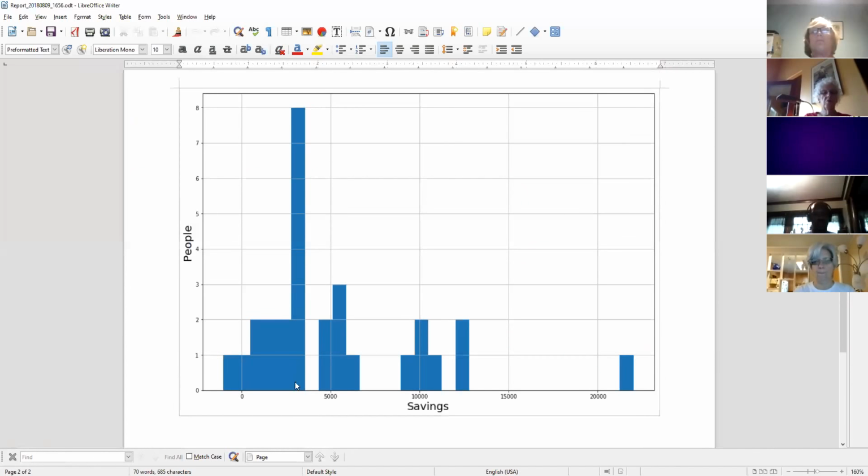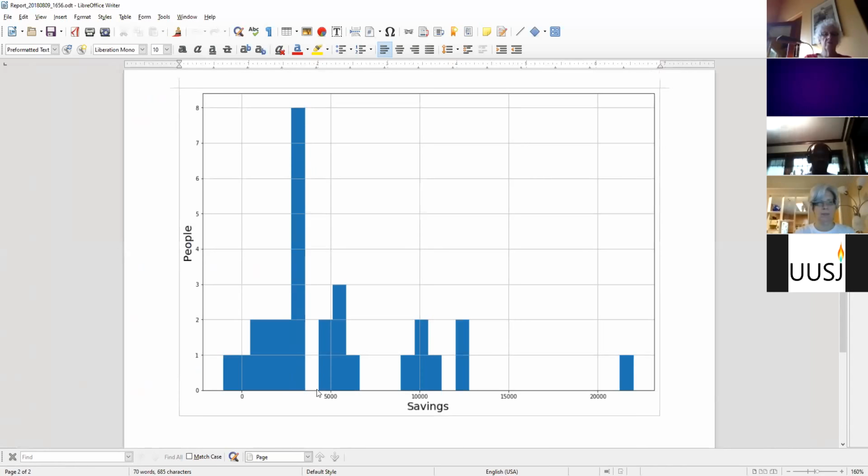And what we see, granted these are small numbers, so we can't put a whole lot of faith in them, is this big spike right around $2,000 to $3,000 per year. This is where the majority of people are. The majority of people are going to save somewhere around $2,000, $3,000 per year. So these are the numbers that they've entered into the site themselves.